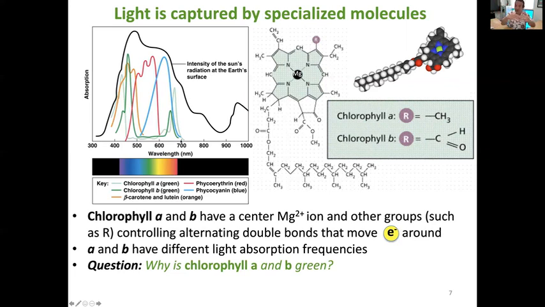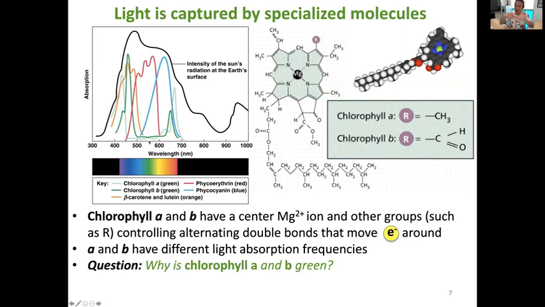So the energy of those wavelengths, when it hits the chlorophyll molecule, is absorbed in terms of all these electrons then bouncing around in these double bonds that are then flipping around. But the wavelengths in the middle, including green, at around 550, are not absorbed.